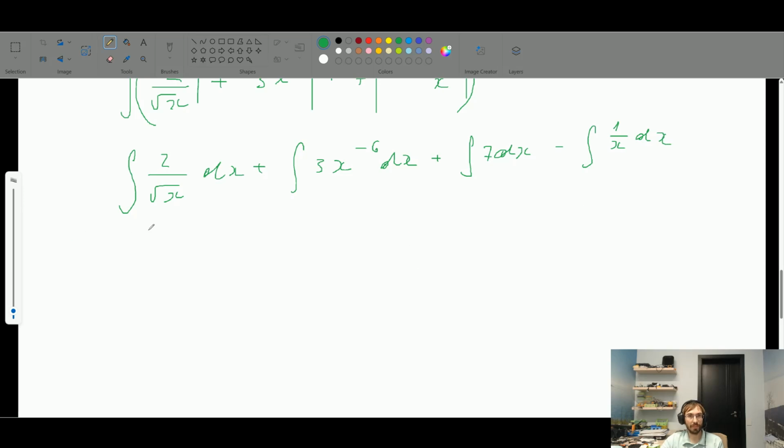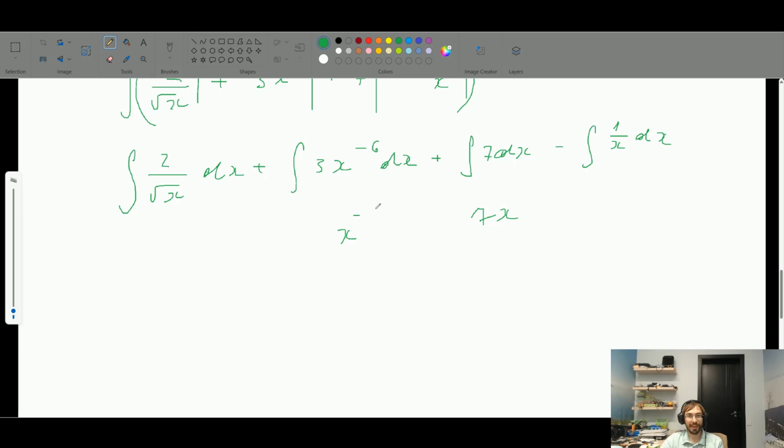What to do with it? Well, the integral of 7 is easy because we've just studied it, and it will be just 7x. The integral of 3x^-6 is also straightforward because we raise the power.